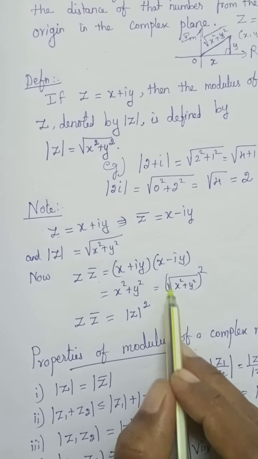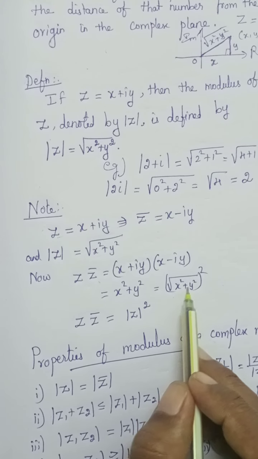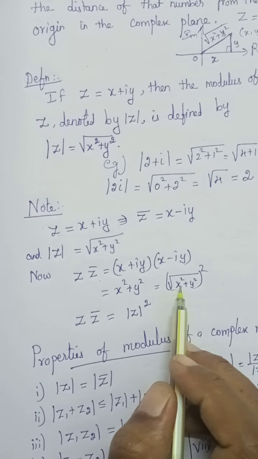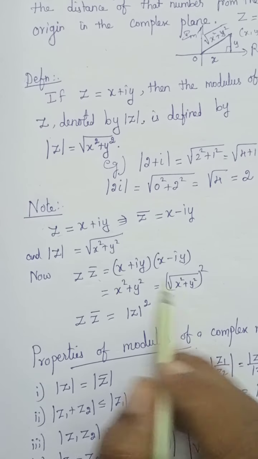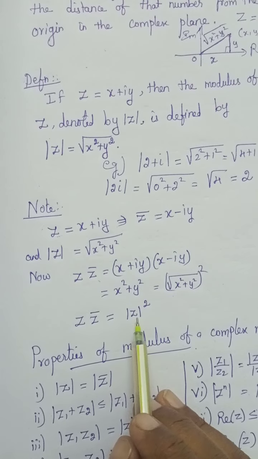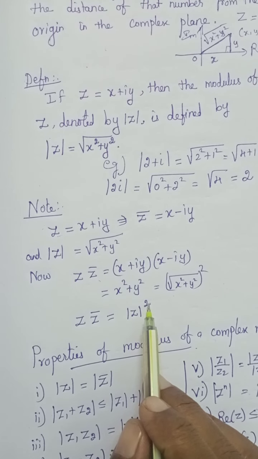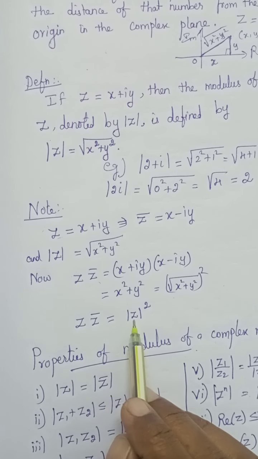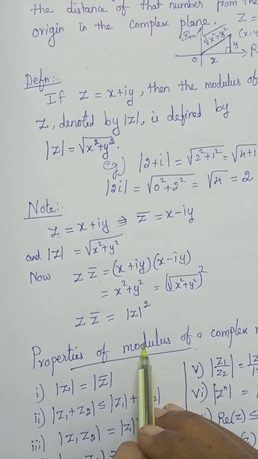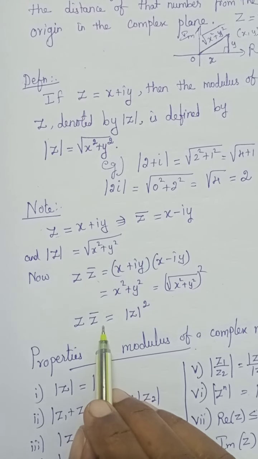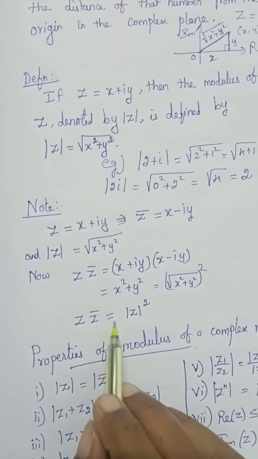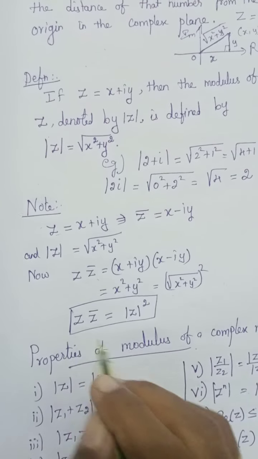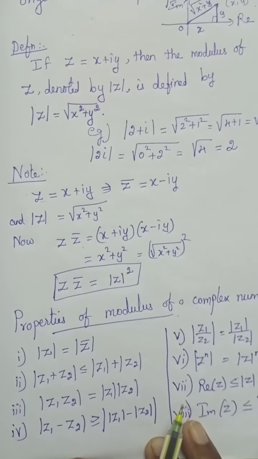I am writing this as the square root of x square plus y square, the whole square. Now I know that root of x square plus y square is modulus z, so we make it modulus z the whole square. So z into z bar is equal to modulus z the whole square. In most of the proofs we will be using this, okay?